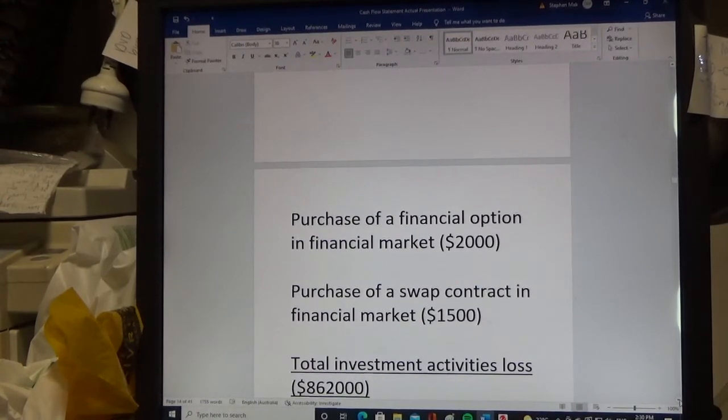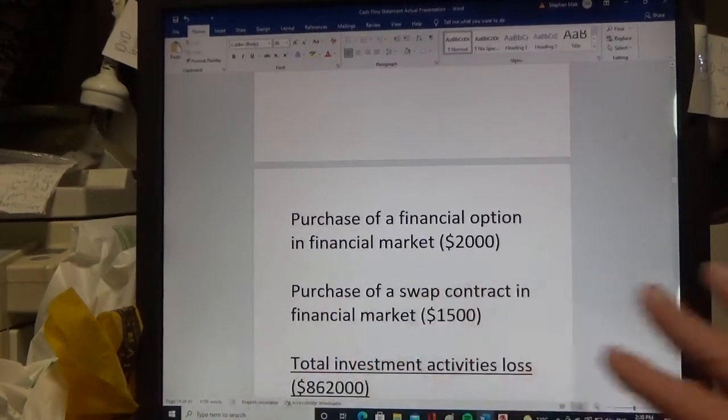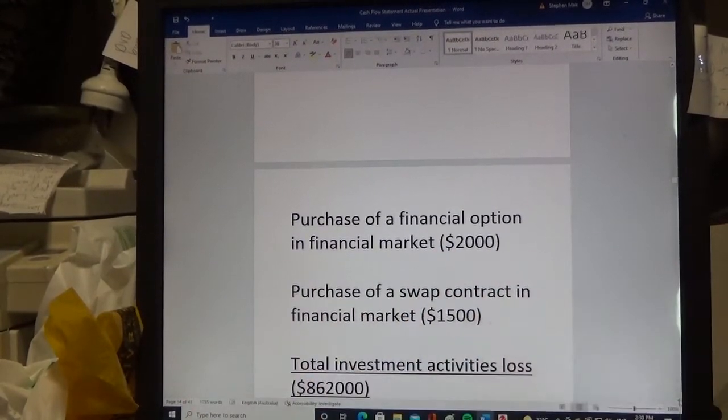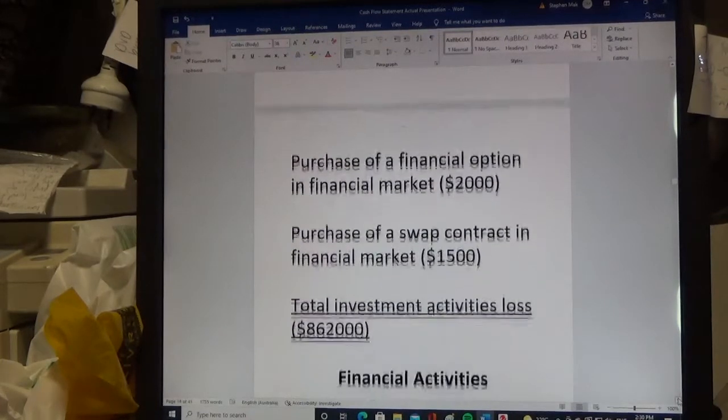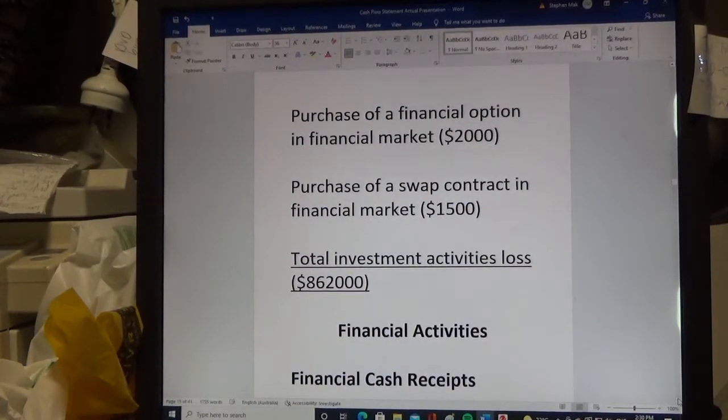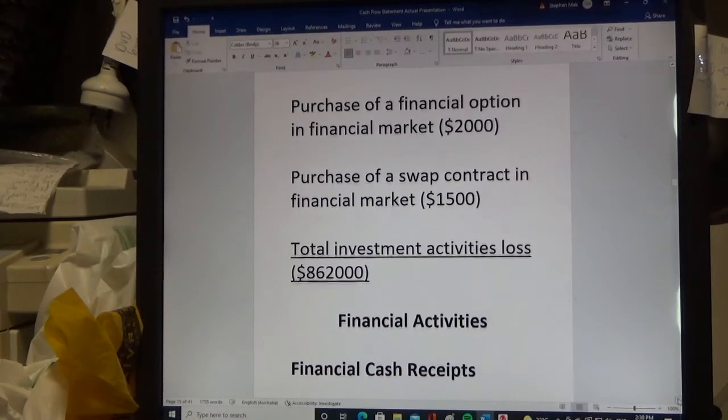A swap is another type of derivative where there's a buyer and seller who basically swap something in the financial market, such as a foreign exchange position. So a swap, if you're purchasing a swap, it's a negative cash outflow.